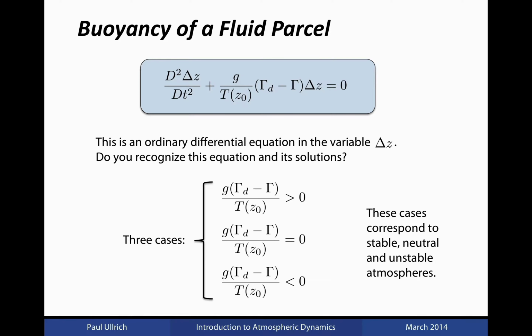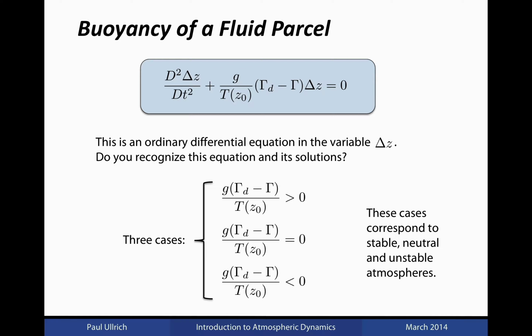Let's consider the possible solutions to this differential equation. Note that this is a constant coefficient differential equation. That is, we have here assumed that g, T at z0, gamma d, and gamma are all constants. Hence, we can use calculus in order to determine the solutions of this differential equation exactly.